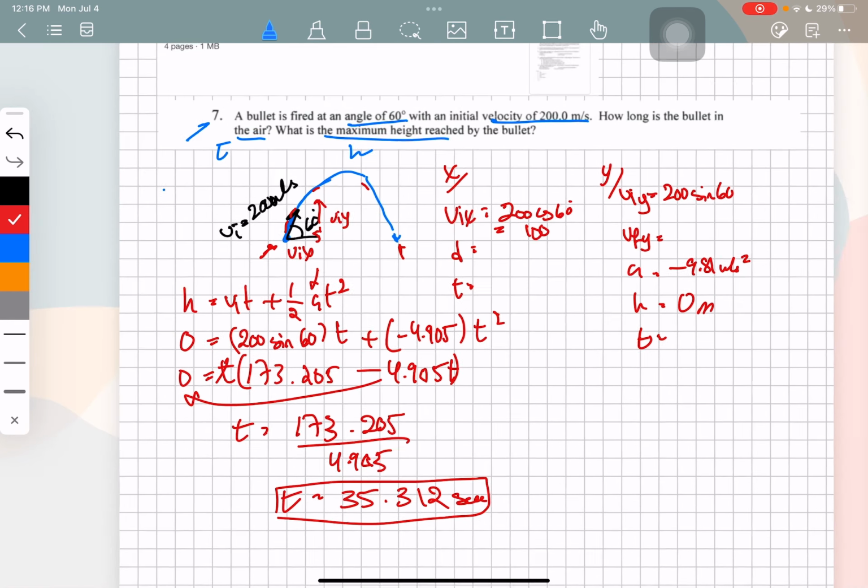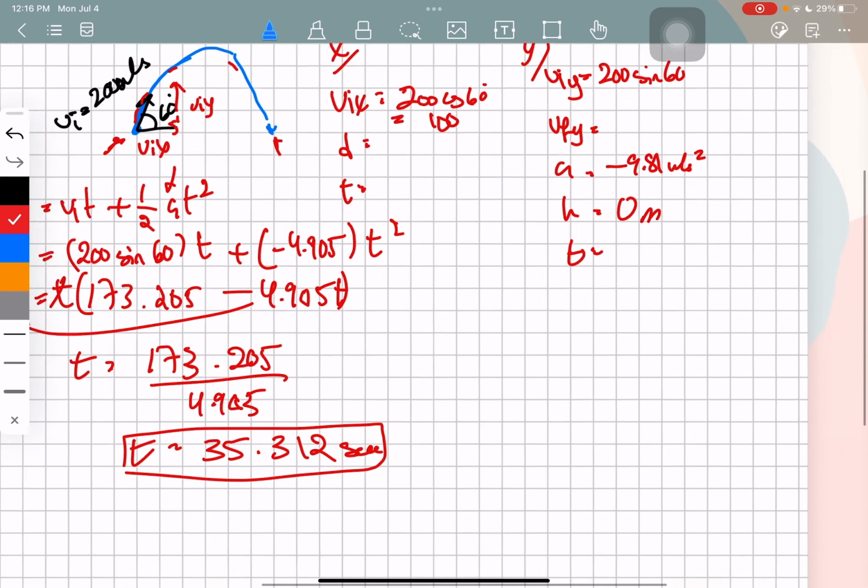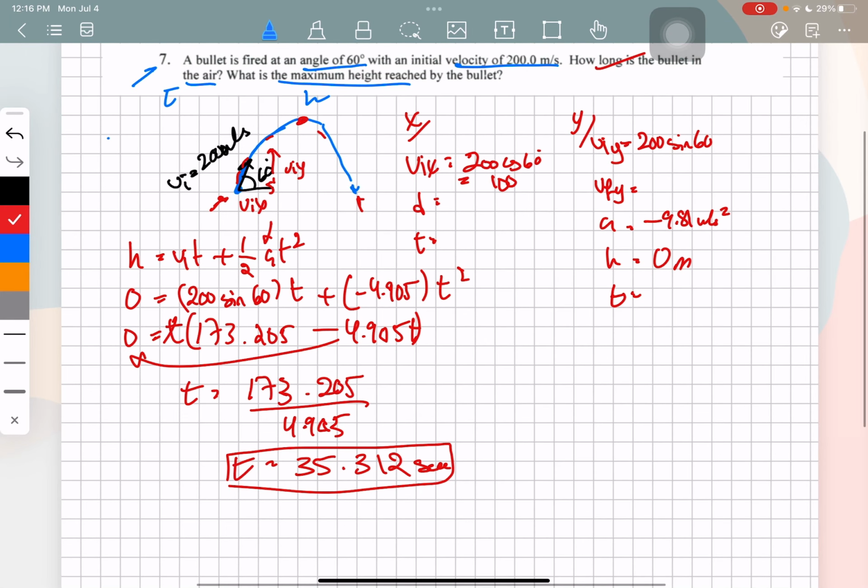So we've got the first part done. What is the maximum height reached by the bullet? The maximum height is from here all the way up to here. How can I figure that out? At the maximum height, the VFY is going to be 0 meters per second.